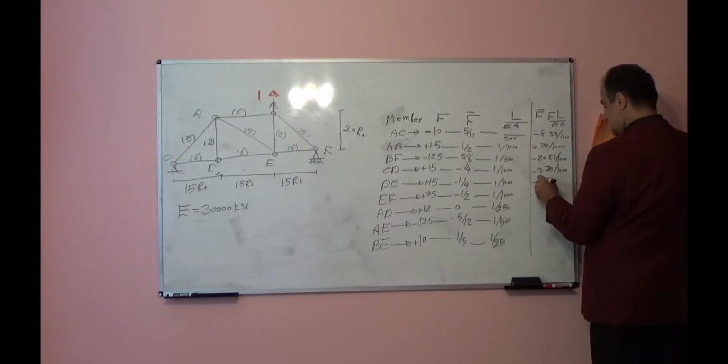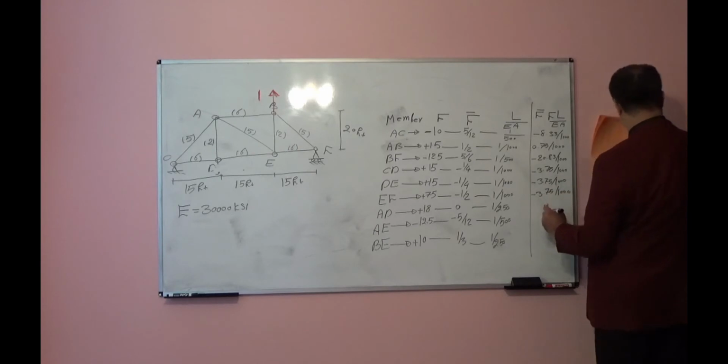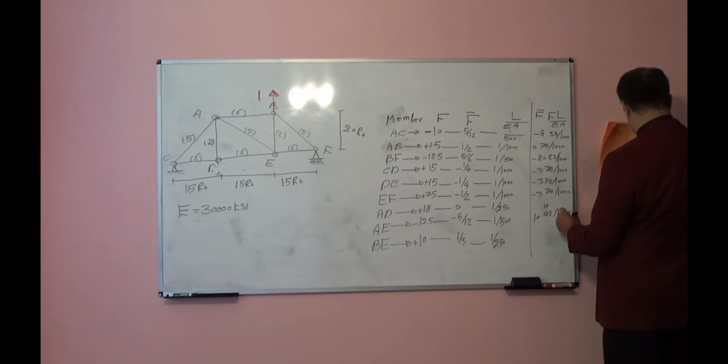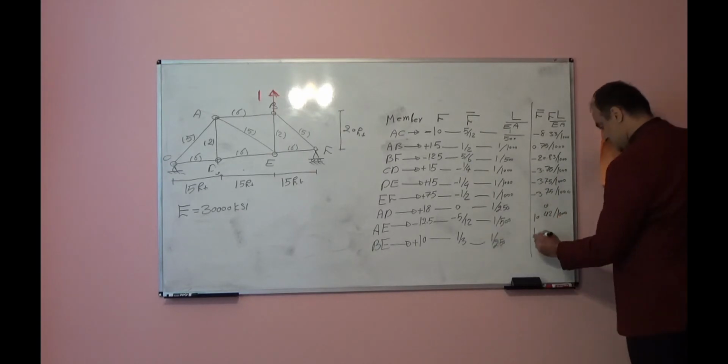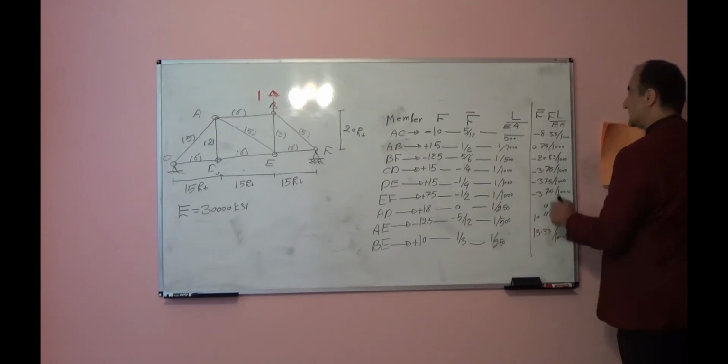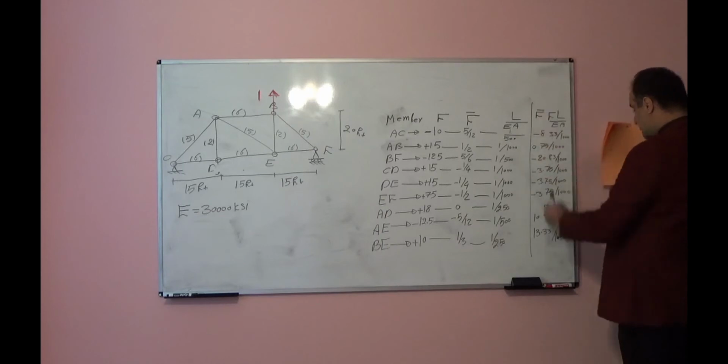Negative 3.75 over 1000. Negative 3.75 over 1000. 0. 10.42 over 1000. And this one will be 13.33 over 1000. Then you will add all these together.